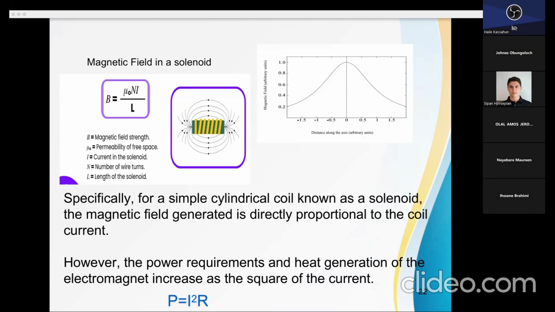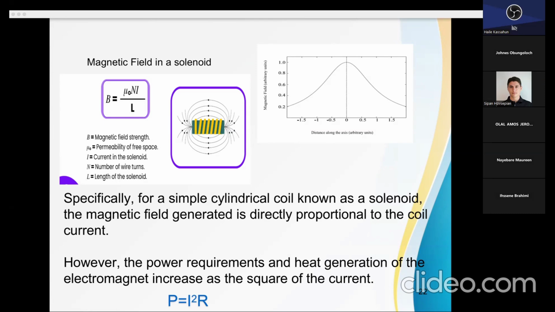And as you can imagine, the magnetic field of a solenoid coil increases with the current that you drive into the coil, but also with the number of turns that you put into the coil. So as you increase the number of turns, you are increasing the magnetic field, but you are inadvertently also increasing resistance and the weight of the magnet. So as you make many turns, you also make the system heavy, and you increase resistance, so you increase power consumption, heat dissipation, and things like that.